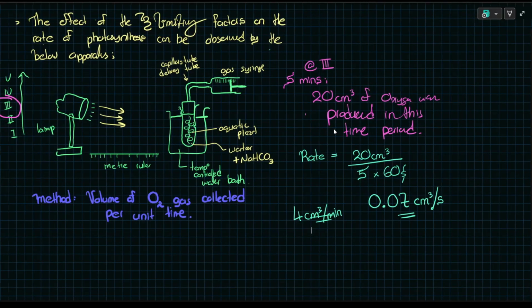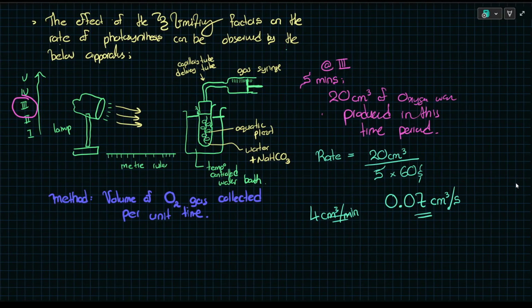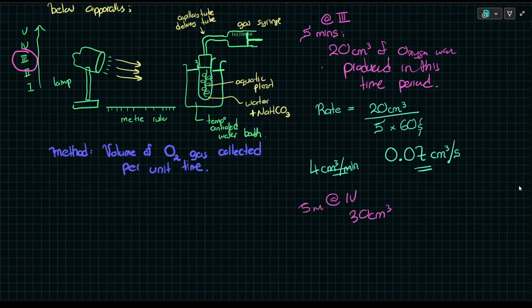Right, now this was for 5 minutes at light intensity 3. Now I'm going to keep it for 5 minutes at light intensity 4, and I saw that I produced 30 cm3. Let's calculate the rate. We'll just do it in cm3 per minute this time.